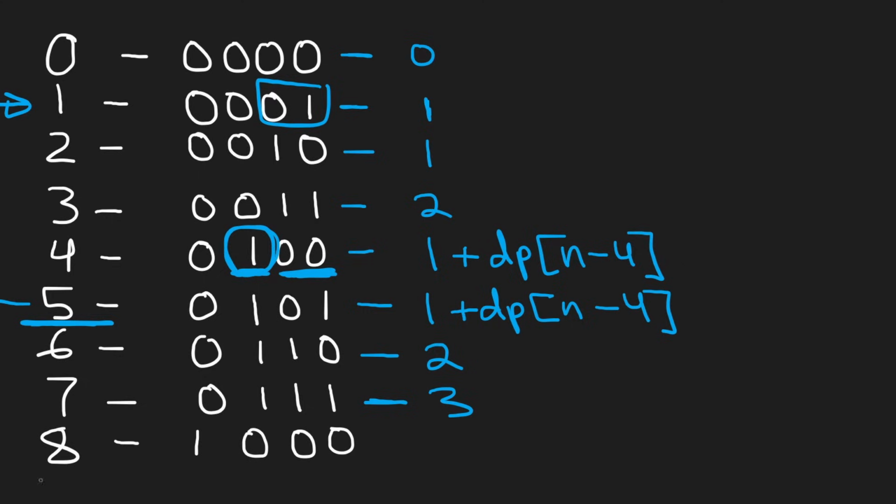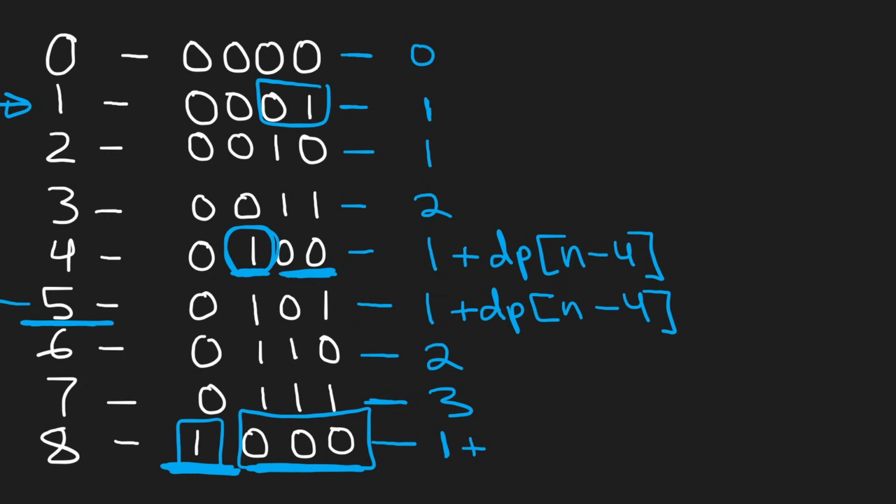Now you get over here. So now we have an even more significant bit. Last time the most significant bit was in this position, and we know that represents the integer 4. Now we got an even more significant bit, which represents the integer 8. So we know that this is going to have at least one occurrence of 1, and then we want to know how many 1s are in this binary representation.